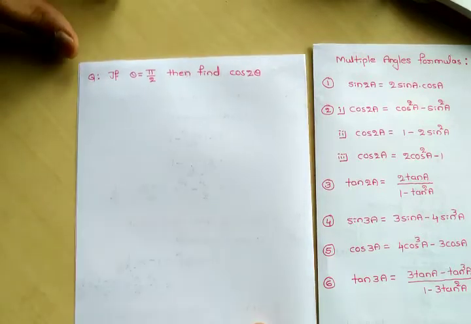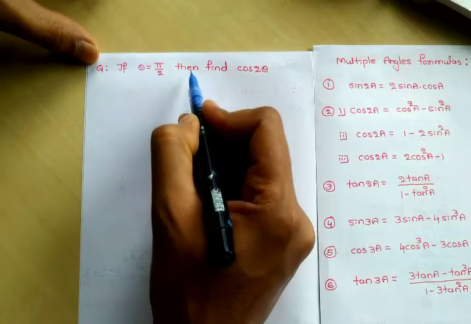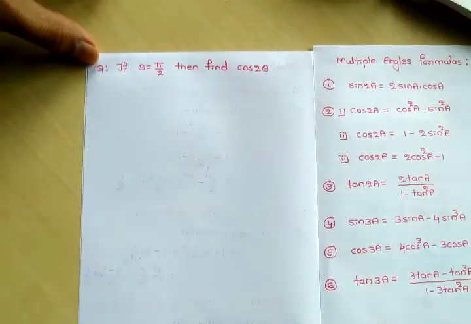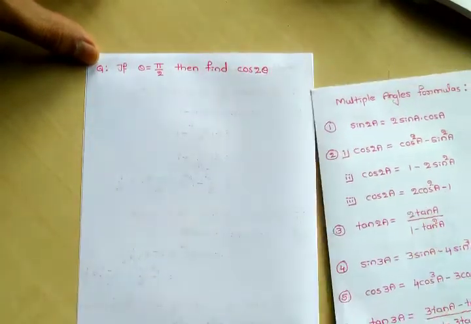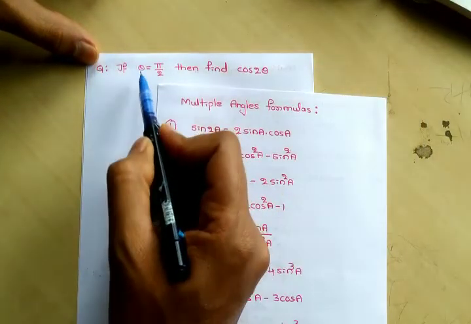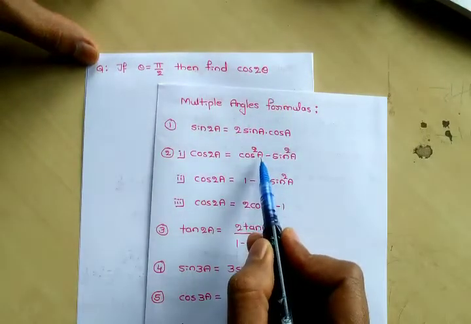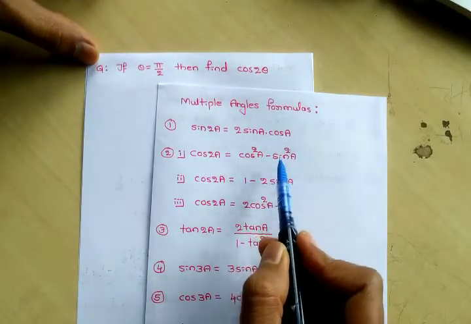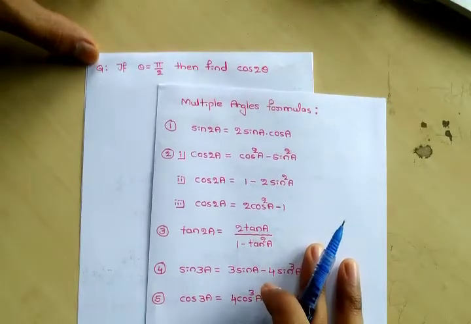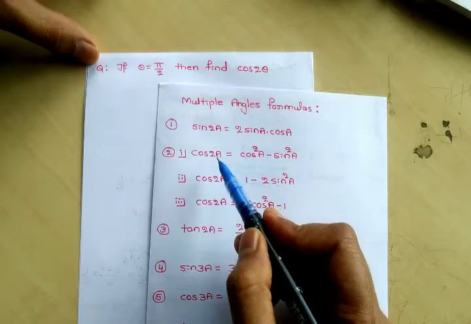So next question. If theta is equals to pi divided by 2, then find cos 2 theta. Correct? So here instead of giving angle A, here which angle is given? Theta is given. Therefore in place of angle A here you need to replace by what? Theta. So you know here there are three formulas of cos 2A is there. Correct?